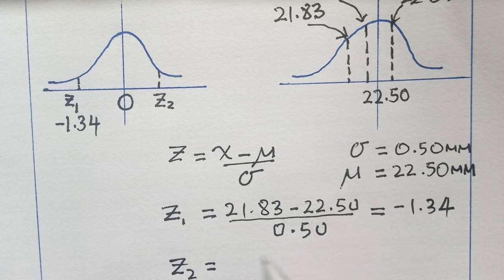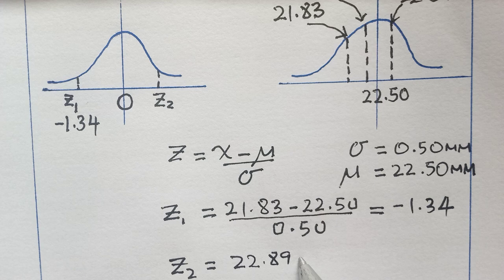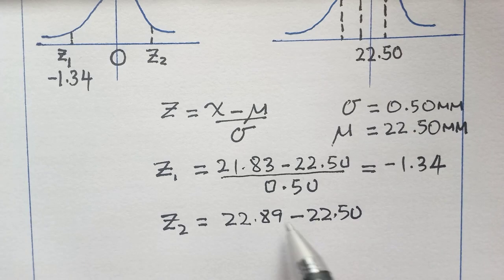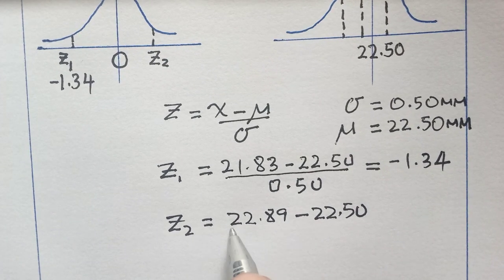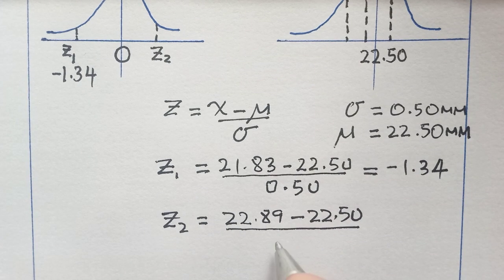Z2 is going to be 22.89 minus 22.50, just as we have done formerly. We now divide by 0.50.